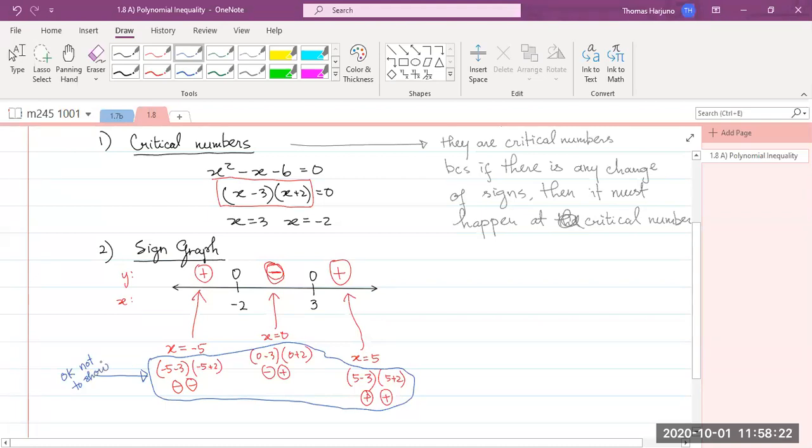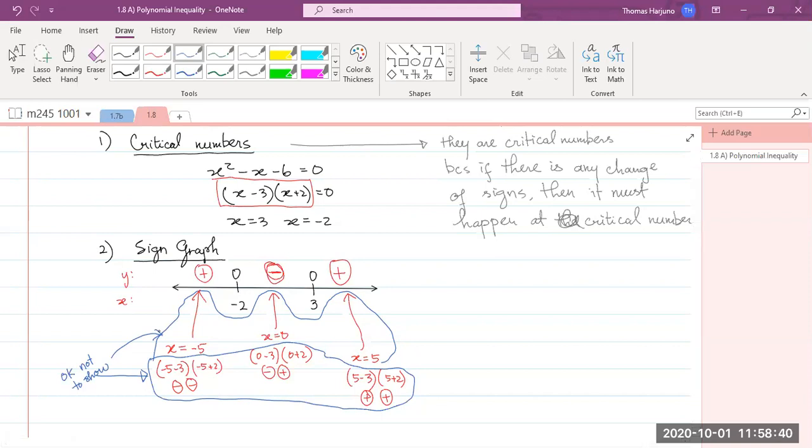Eventually you will see that even this part here is also okay not to show. But I will show you first, at least for today, what the testing numbers are, and then what the sign is.